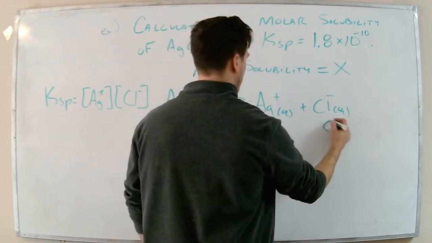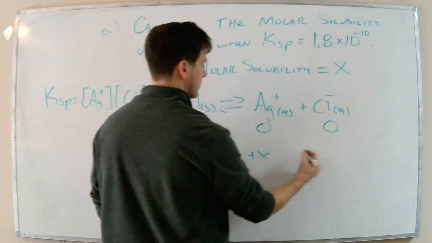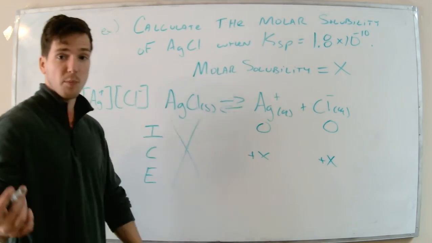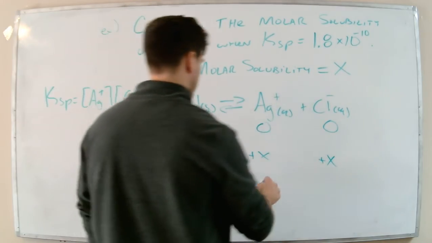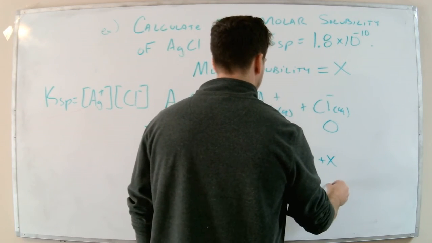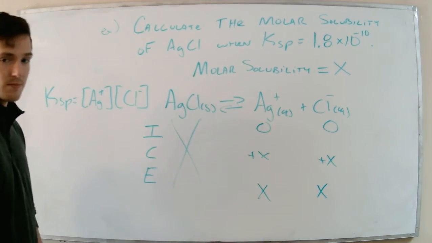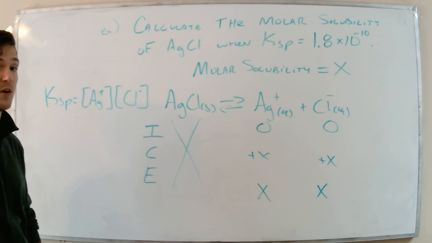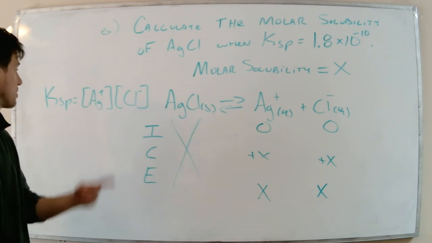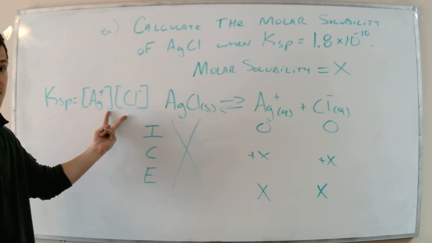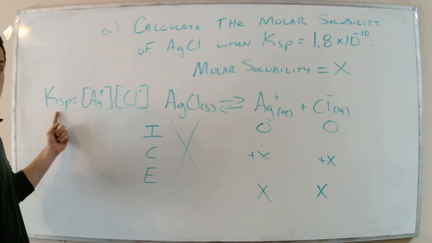Remember, these are 0. Change is plus x. 0 plus x, 0 plus x is just x and x. So again, we don't have any numbers anywhere to plug in, so we're just going to put those x's in here, and then we're going to do Ksp right here, which they gave us.